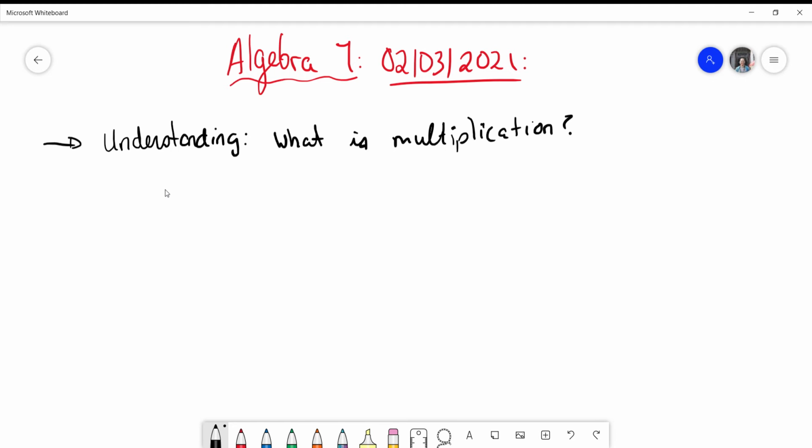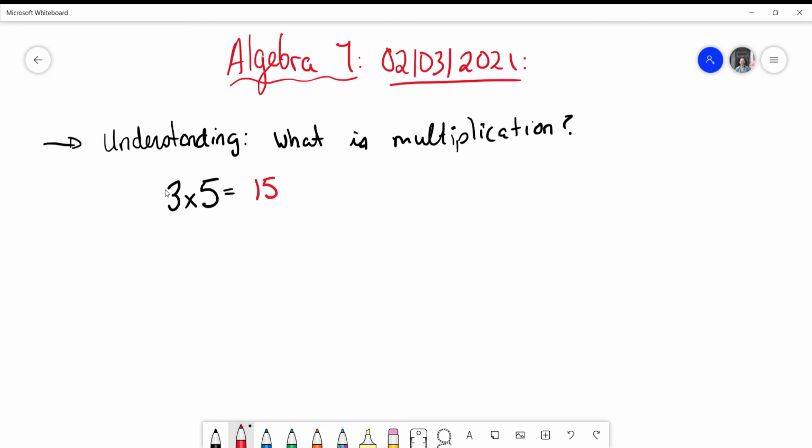So if we write an equation like this, 3 times 5. Lots of you will go, oh, easy, 3 times 5, 5 times 3, 15, done. But not many of you think of the operation you're actually doing in your head.